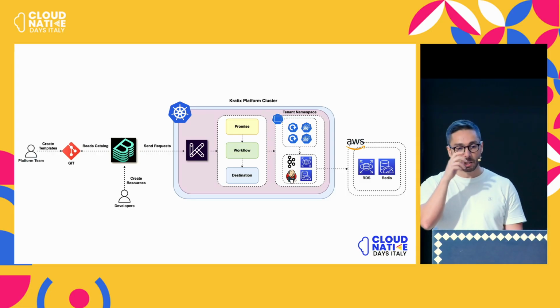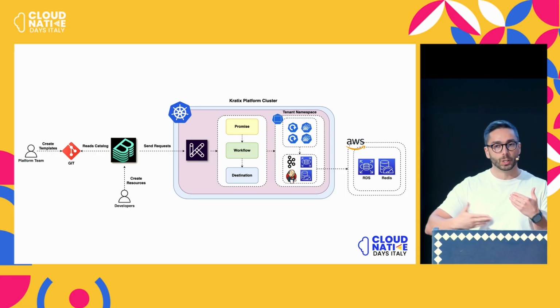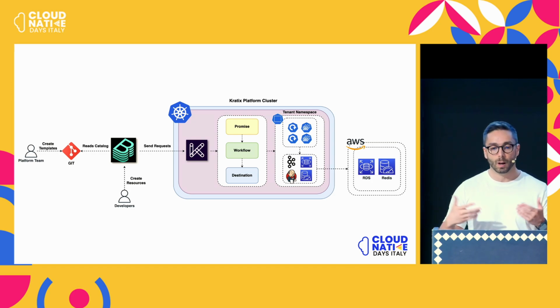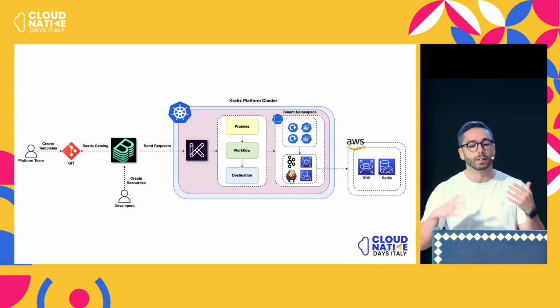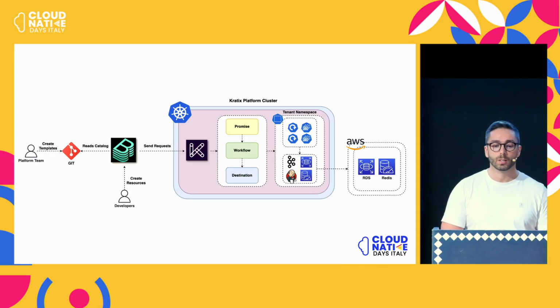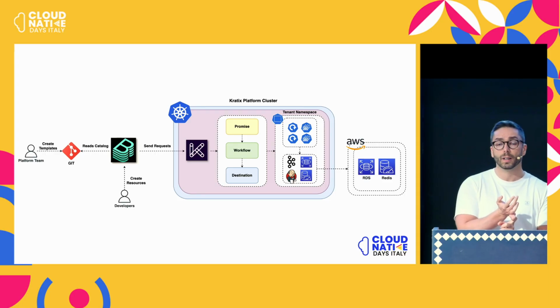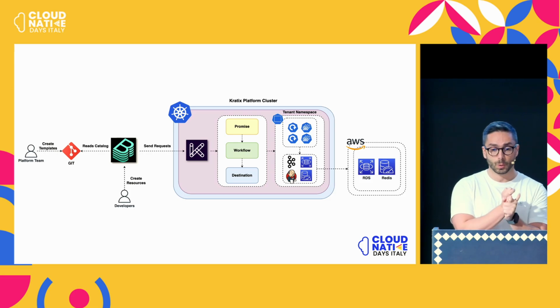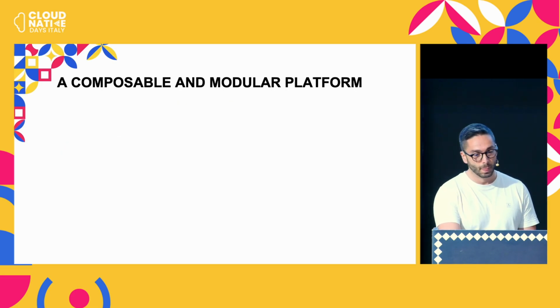And as Fabian explained, this promise has a workflow and all the dependencies that my promise should have. Let's say I want to deploy a Postgres operator as a promise, and I want to create a Postgres instance. This is what the workflow will do: it will install the Postgres operator for me, ensure that all the dependencies are there, and deploy it at the destination. As you can see, it can be a Kubernetes operator, or in this case, it can be a cloud resource.